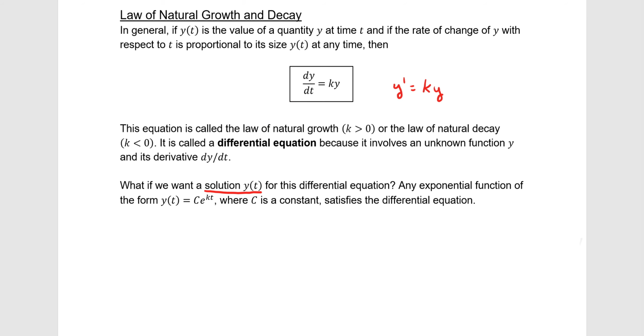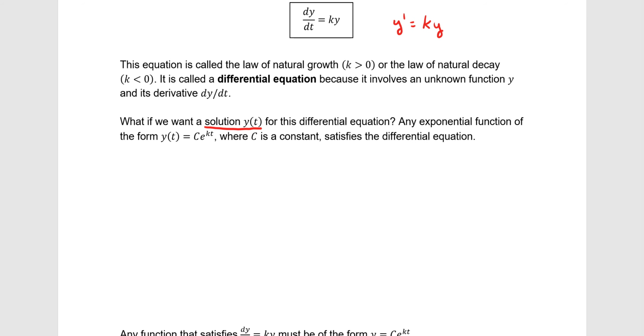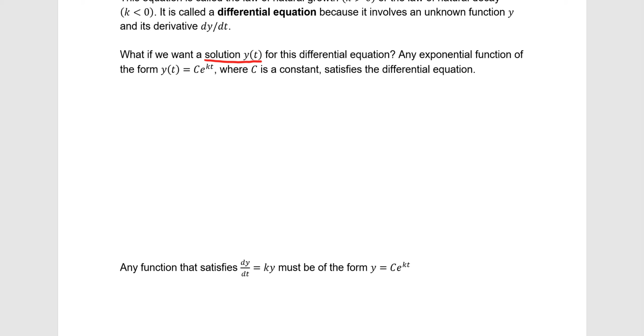And what it turns out to be, which we'll mention a little better on the next page, is that any exponential function of this form, y of t equals c times e to the kt, where c is a constant, satisfies that differential equation. So let's see why that is.